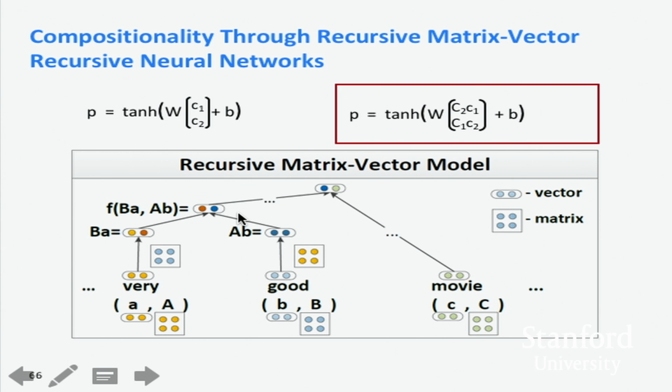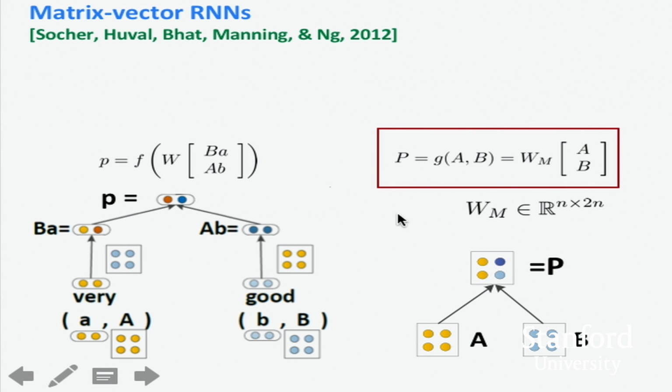In addition, we could put together the two matrices A and B that we got down here, concatenate them to build a bigger matrix and do a matrix multiply on that, and that would give us a matrix representation of the parent. So formally, our parent will now have both a vector and a matrix.